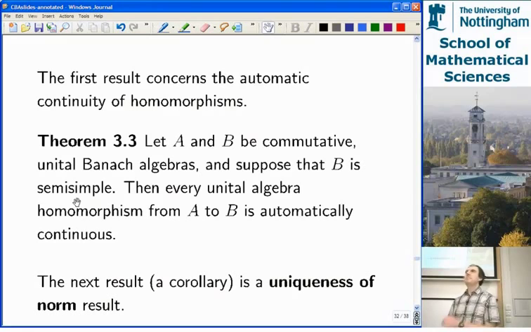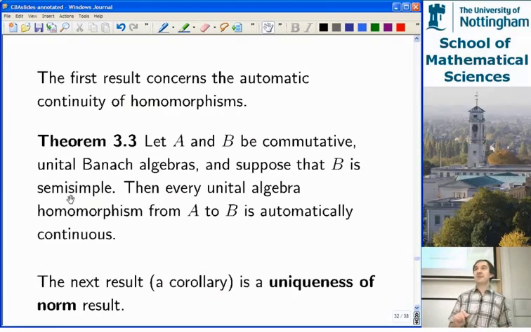So if you've got a unital algebra homomorphism mapping some commutative Banach algebra A into a commutative semi-simple Banach algebra B, then it has to be continuous. It can't avoid it. And that's a very powerful automatic continuity result, which is relatively easy in the commutative case.